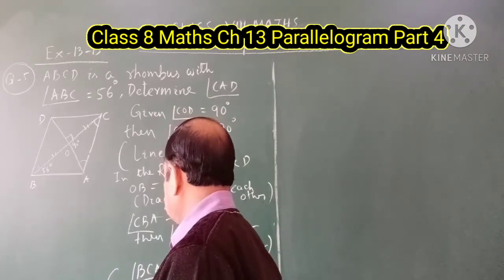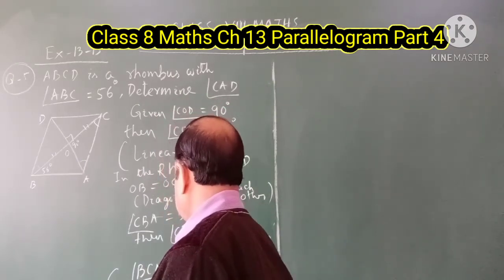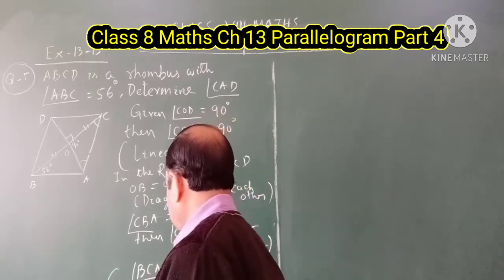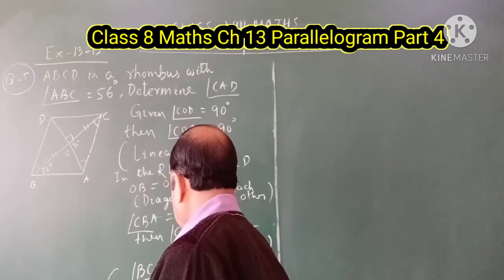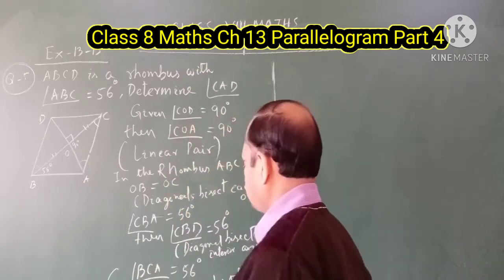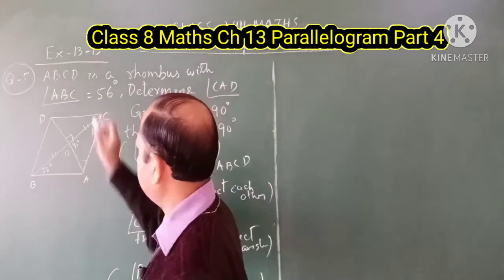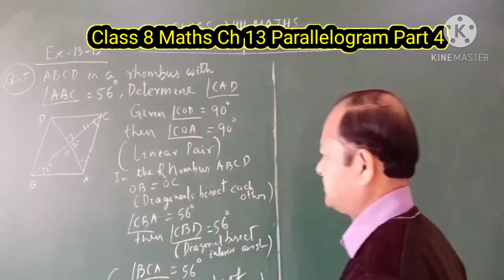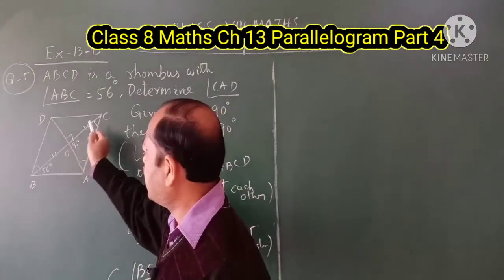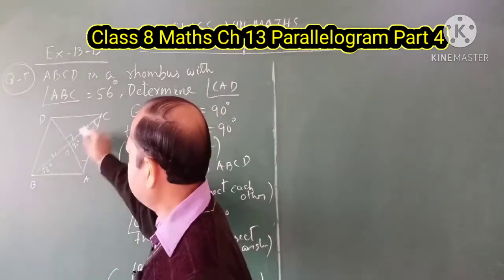Opposite angles of a rhombus are equal. So BCA equal to 56 degrees. Before, we got this was 90 degrees, and now we got this was 56 degrees.